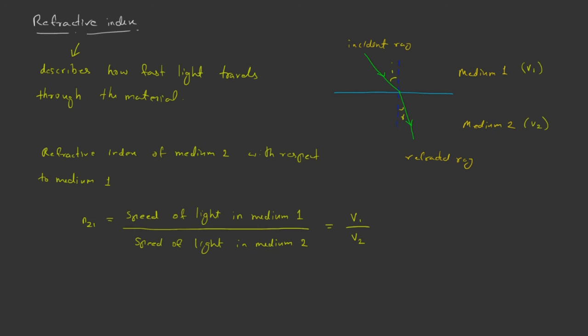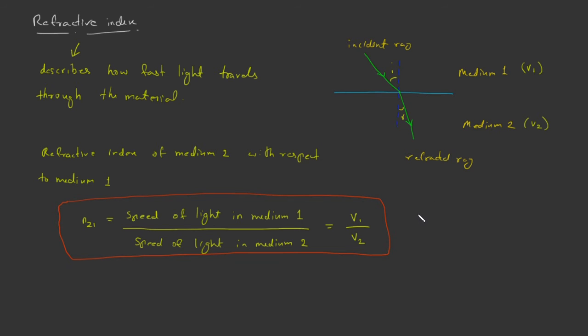So we got the equation for the refractive index n21, that is a refractive index of medium 2 with respect to medium 1.